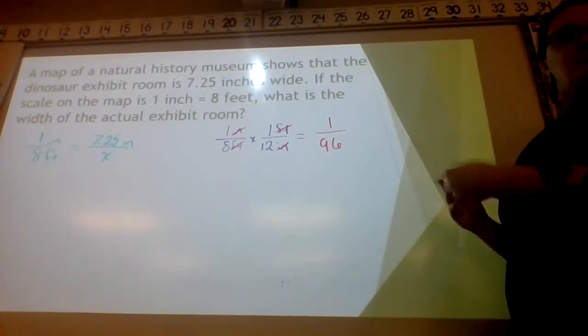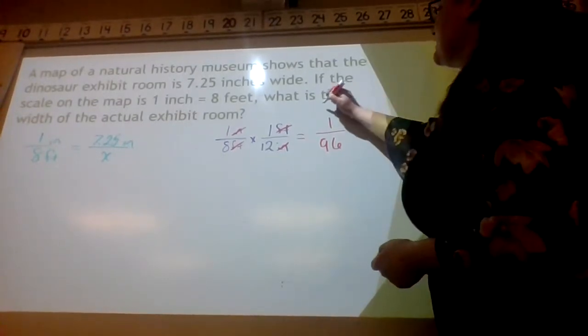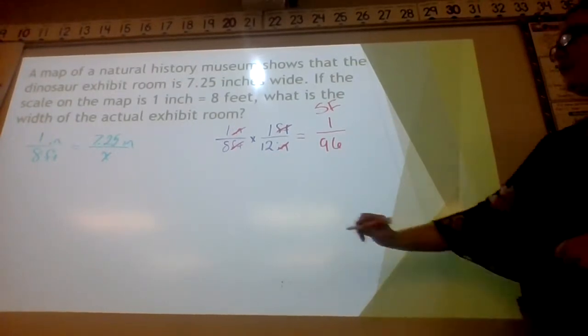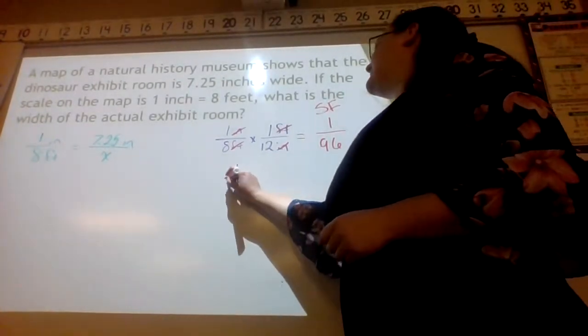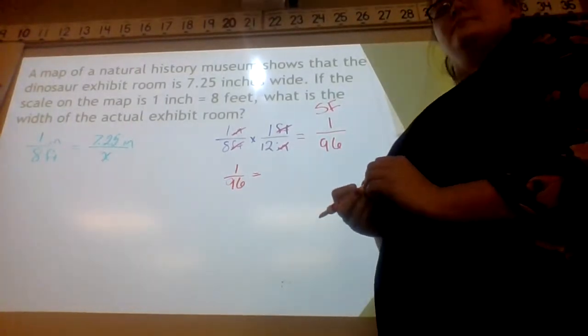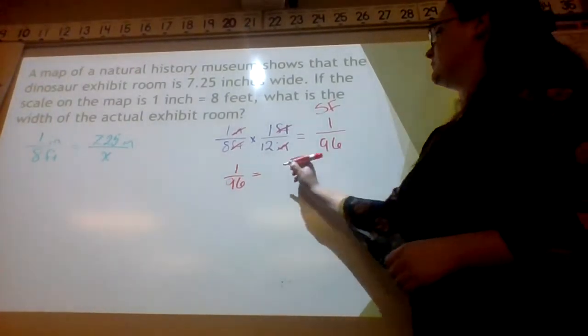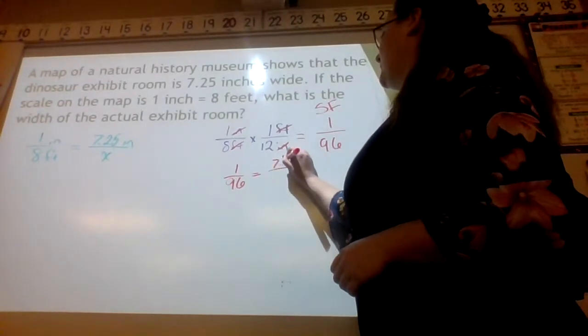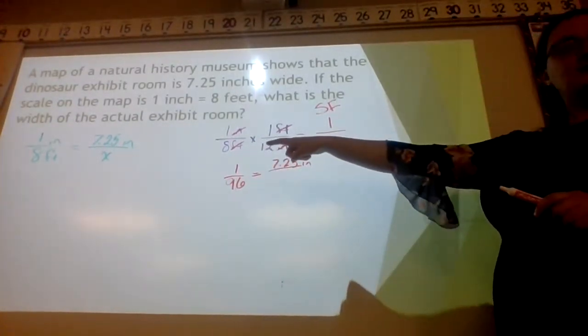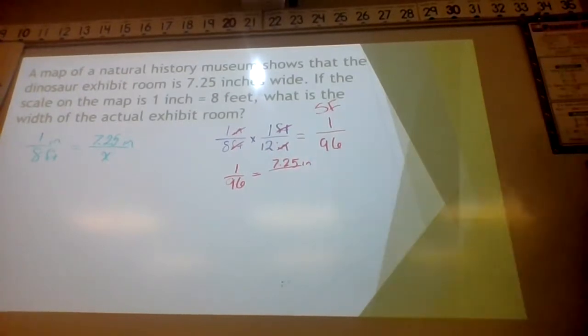Do you need any labels? No, this is your scale factor. Now you can use that as 1 over 96 equals what? 7.25 inches. That one will have an answer in feet. This one will have an answer in inches.